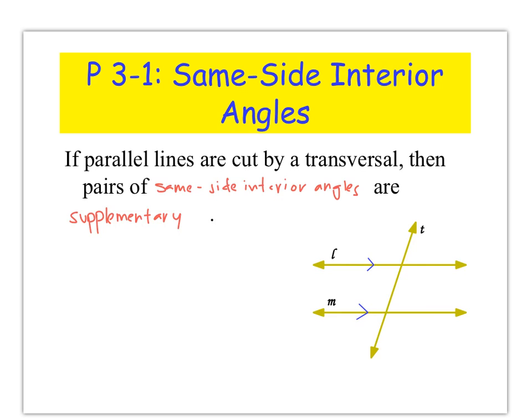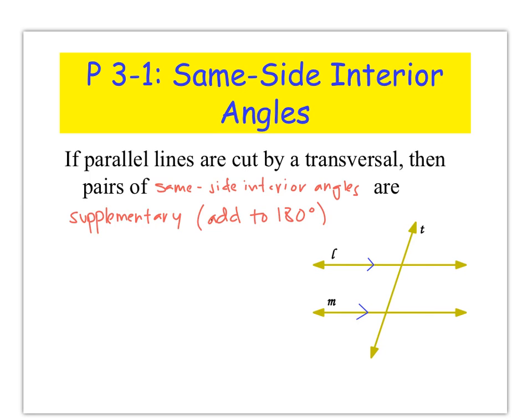And supplementary, hopefully we remember, means they add to 180 degrees. So similar to all the angles inside a triangle, same side interior angles, when they are parallel lines, add to 180 degrees.